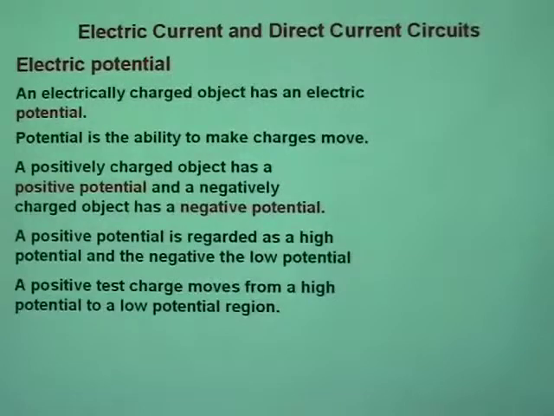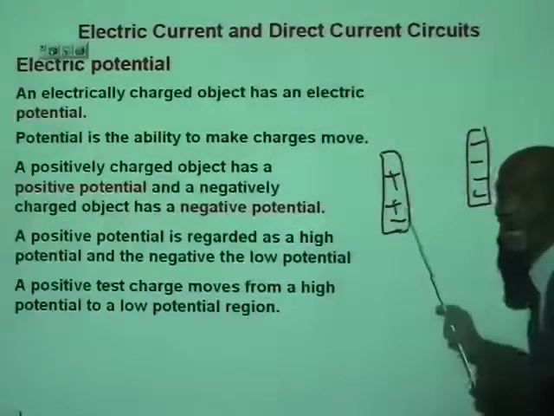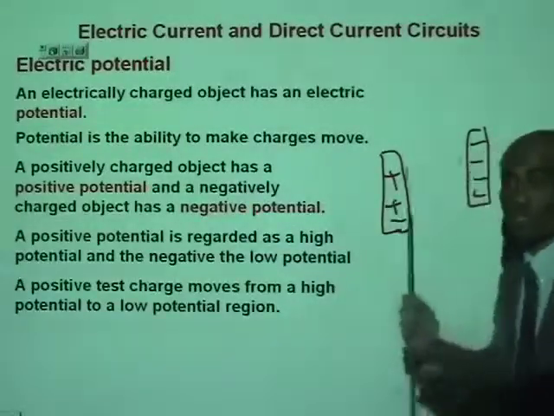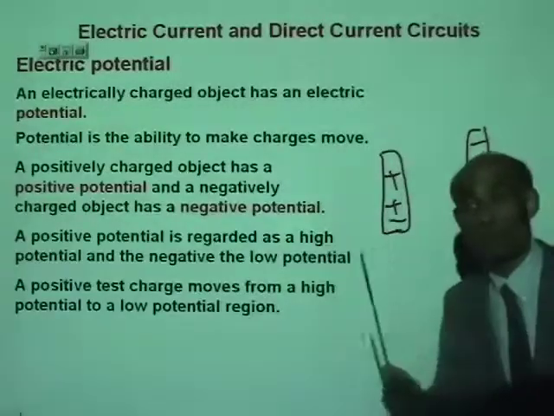Well, let me show that over here. If this is an object that is positively charged, then this has a positive potential, and if this is a negatively charged object, it has a negative potential.